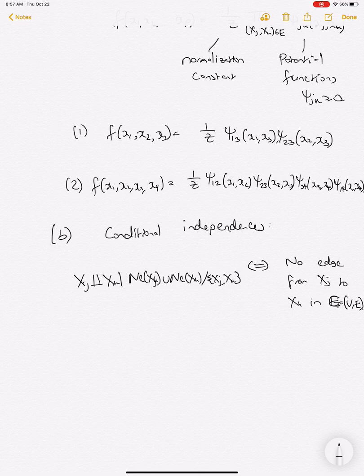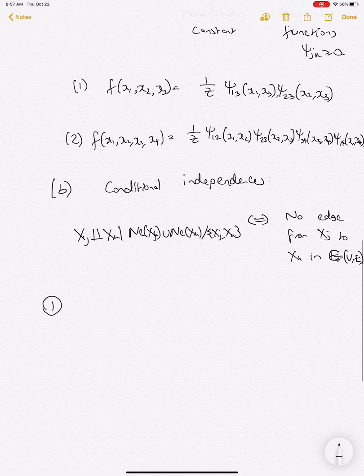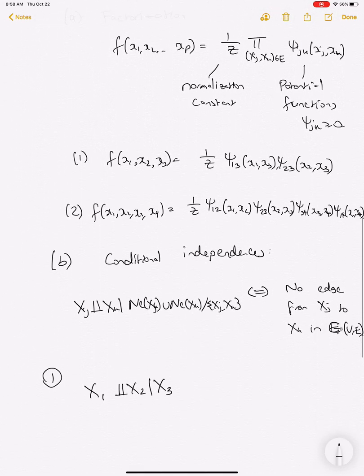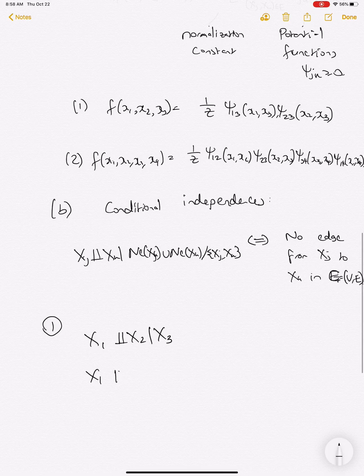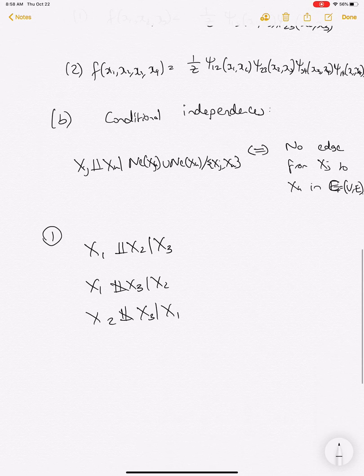So xj and xk are conditionally independent given the neighbors if and only if there's no edge between xj and xk in G. For example, for the first graph, x1 is independent of x2 given x3, and x1 is dependent on x3 given x2, and x2 is dependent on x3 given x1.